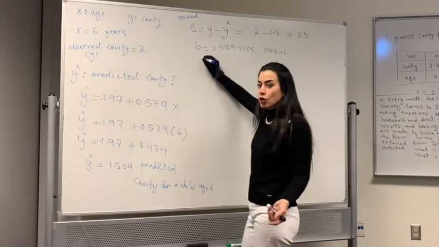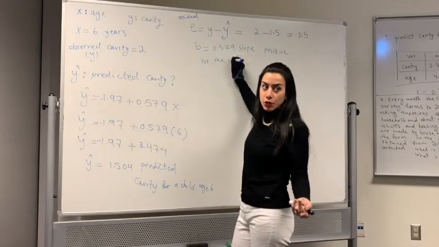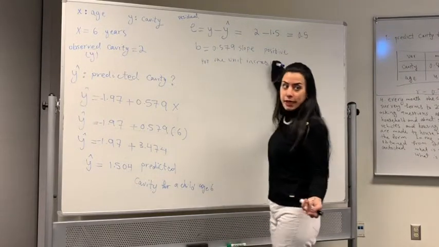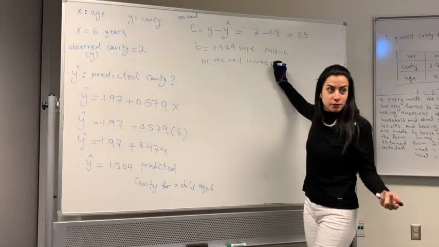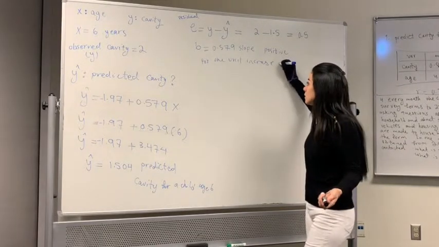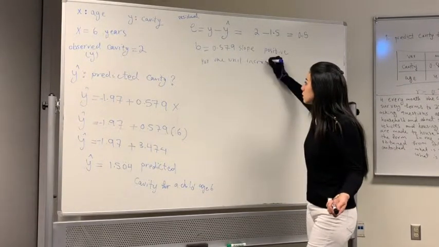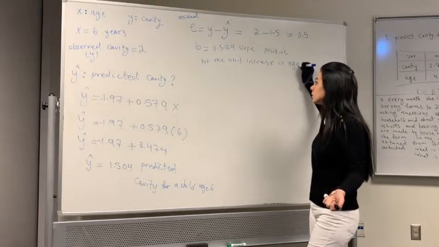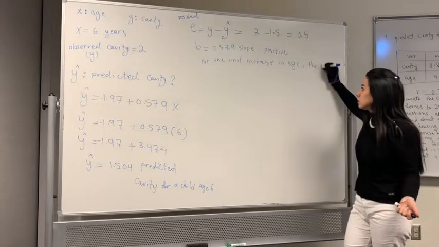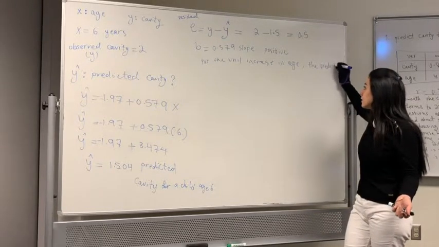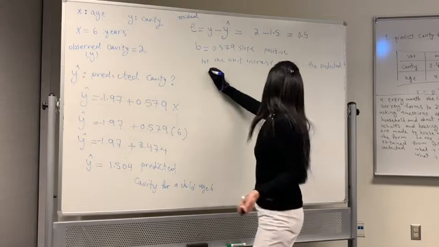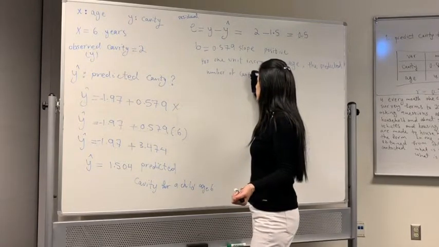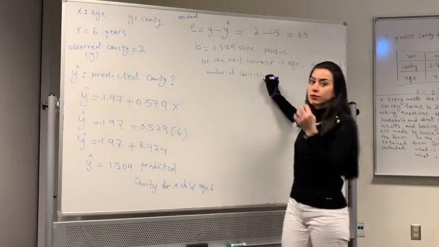So we say for 1 unit increase in x, which is age, the predicted number of cavities, what, increase or decrease?